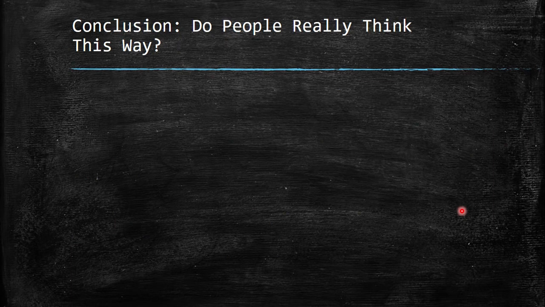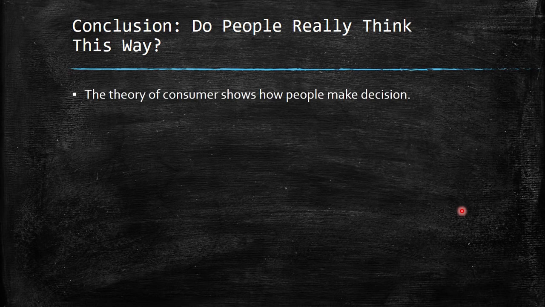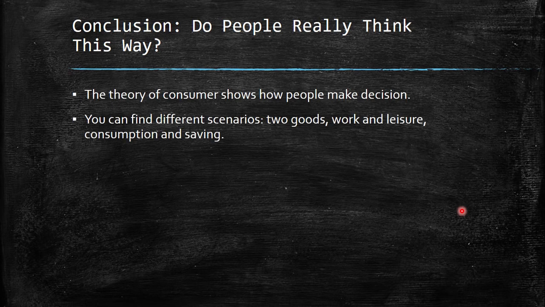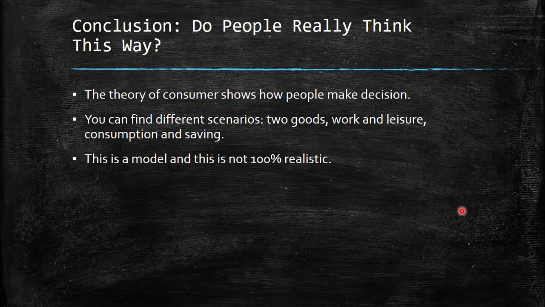So the conclusion: do people really think this way? The important part is that the theory of the consumer shows how people make decisions. So you can find different scenarios: two goods, maybe work and leisure as we saw, or consumption and saving. So this is a model, and this is not 100% realistic.